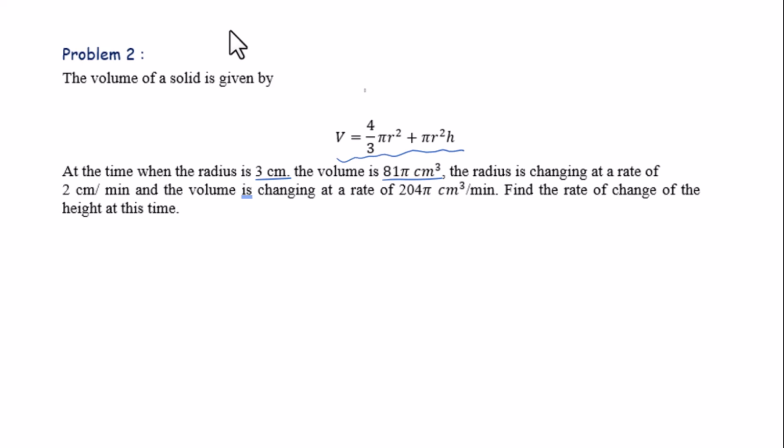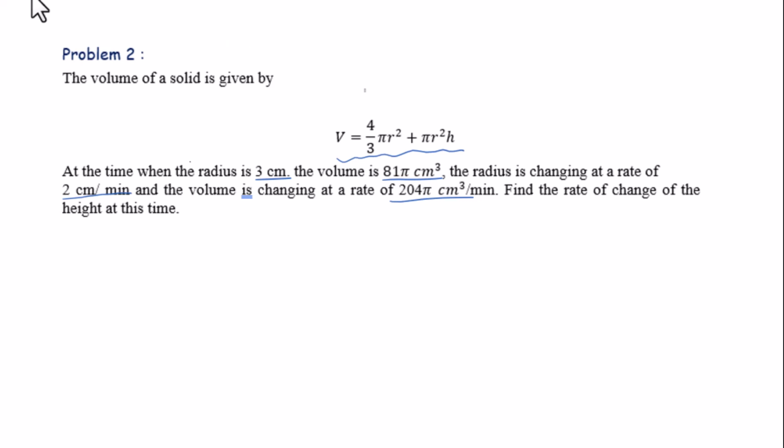The radius is changing at a rate of 2 centimeters per minute, and the volume is changing at a rate of 204 pi centimeters cubed per minute. Find the rate of change of the height at this time.